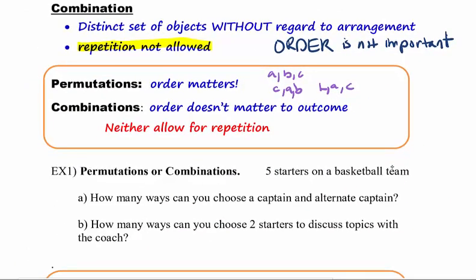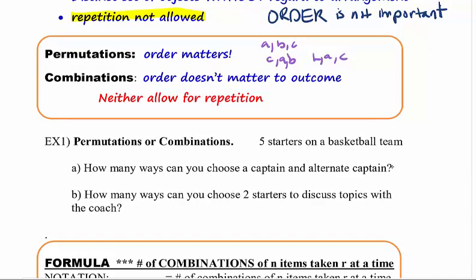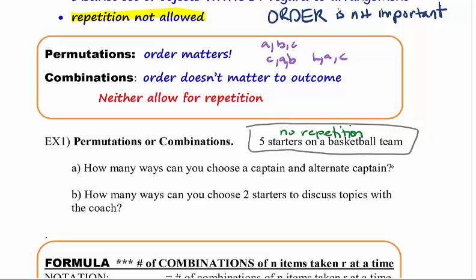Looking at example 1, the question is, are they permutations or combinations? For all of these problems, we have 5 basketball players that are starting. Notice we can't have any repetition. The key question on permutation versus combination is, does order matter when you select? On A, how many ways can you choose a captain and alternate captain? Some of you might think that doesn't matter.